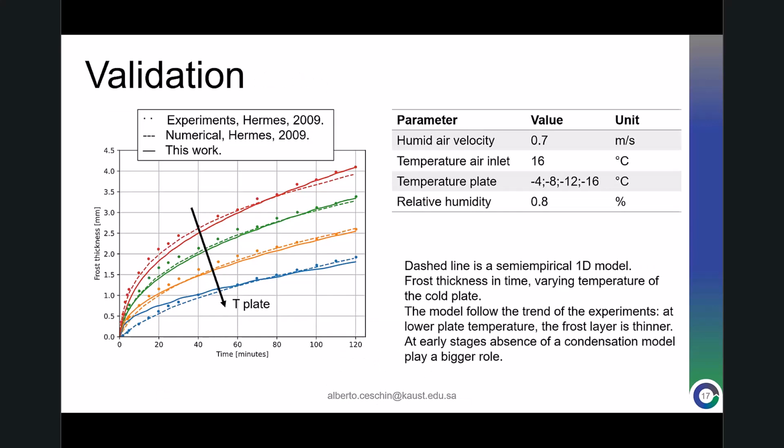So I did some validation with experimental data. The continuous line is my result, the dashed lines are a 1D semi-empirical model, and the dotted lines are experimental results.